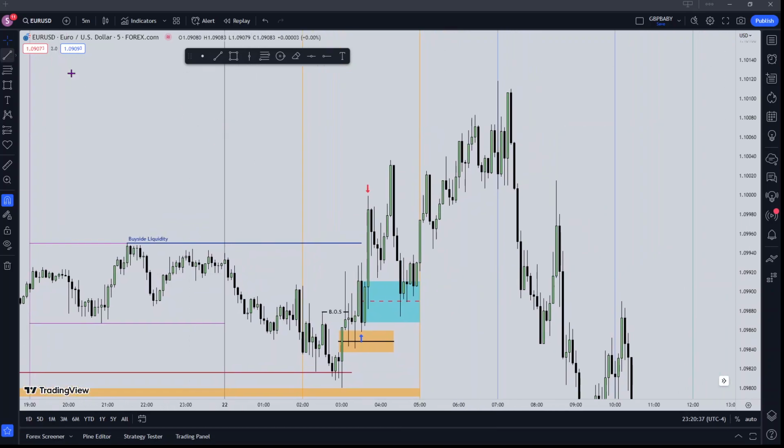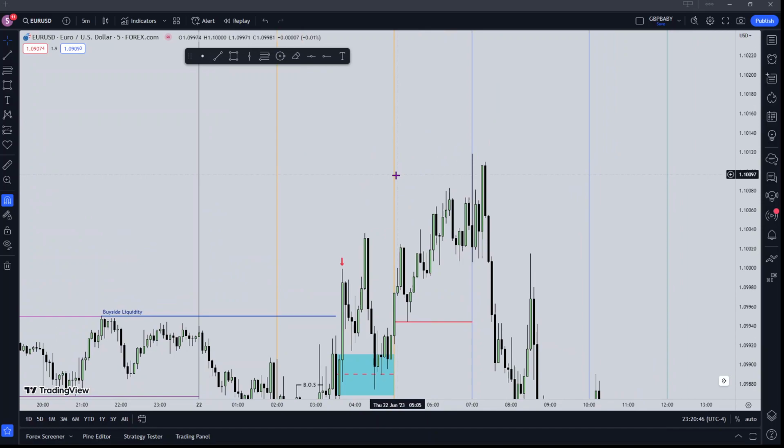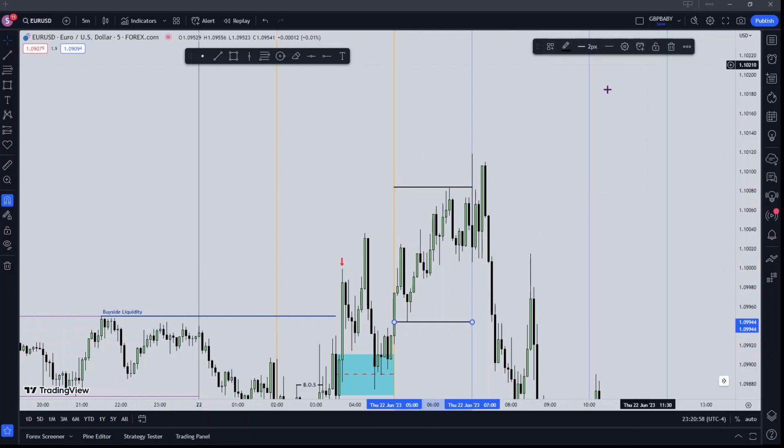So here's another range that gets created. We have this low, and I want to say here's another range. I mean, here's me actively looking at the range between the end of the London kill zone and the start of the London kill zone. And here we have a reversal though.